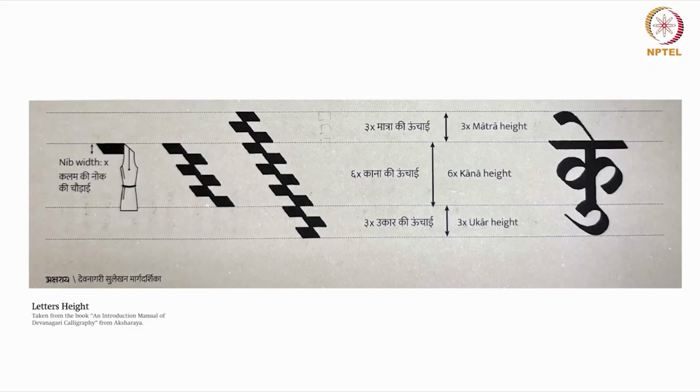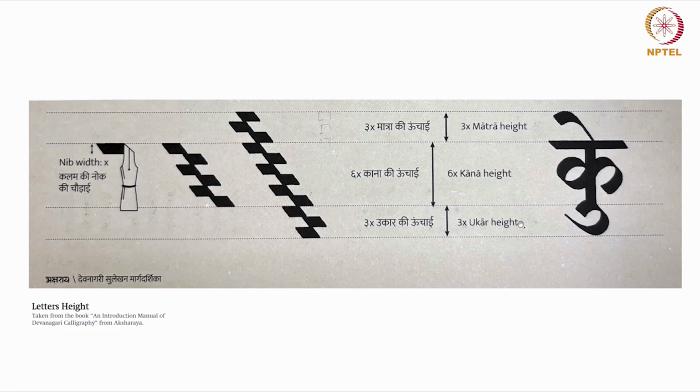Now, to construct Devanagari letters, there are different proportions in which letter strokes and letter heights are connected. One of the basic letter proportions is 3:6:3. If the thickness of your nib is this much, then 6 times of this will become the body, which is called the kana height, then 3 will become the matra height, and 3 will become the ukar height, which is the bottom matra.